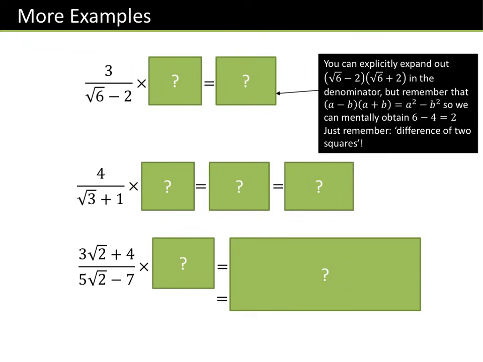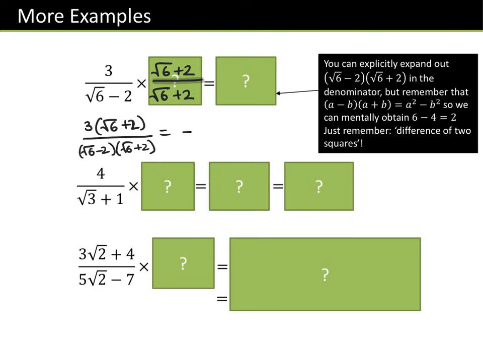So again, I'm going to multiply this by root 6 plus 2, root 6 plus 2. This is going to give me 3 bracket root 6 plus 2 over root 6 minus 2, root 6 plus 2, which is going to equal.